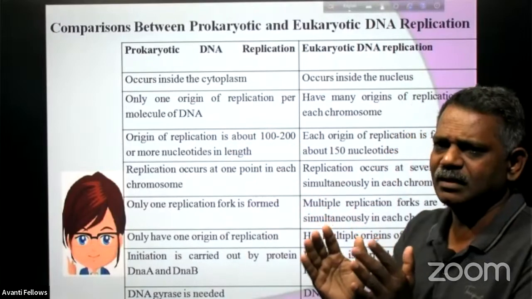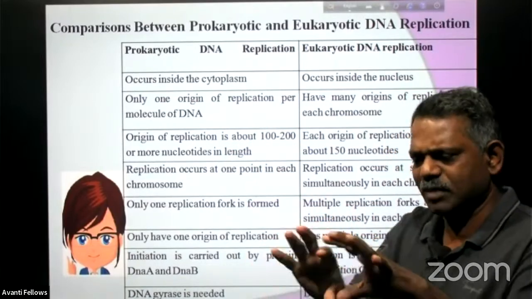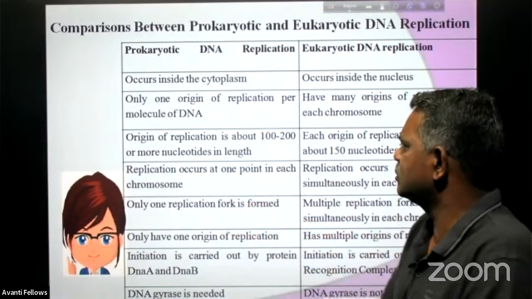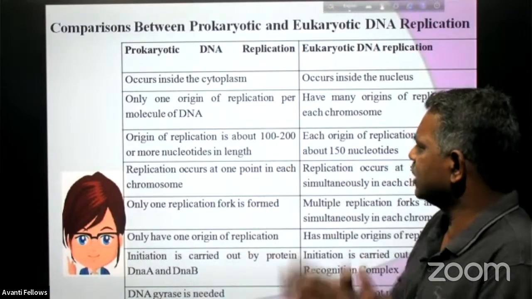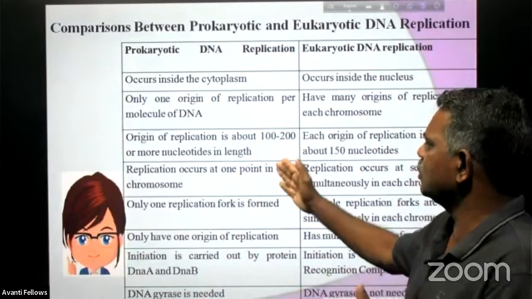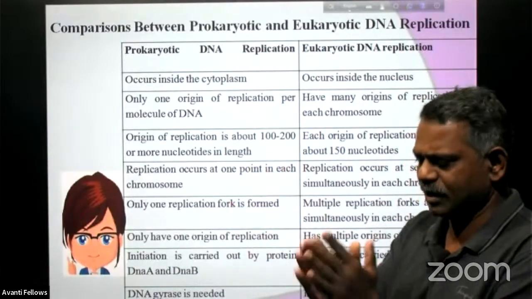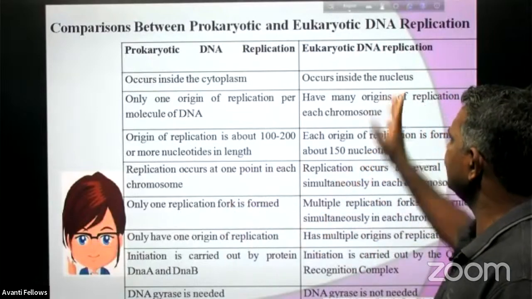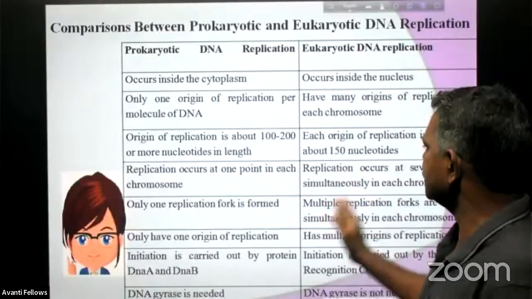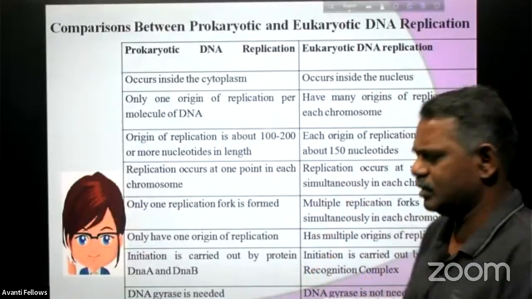The ori is nothing but a sequence of nitrogenous bases. In prokaryotes, that ori consists of around 100 to 200 nucleotides. Whereas in eukaryotes, that ori consists of only around 150 nucleotides.